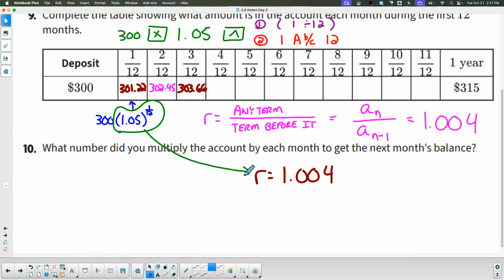Do we get that 1.004 number? 1.004074124? Yeah. That caret key puts it in the power.